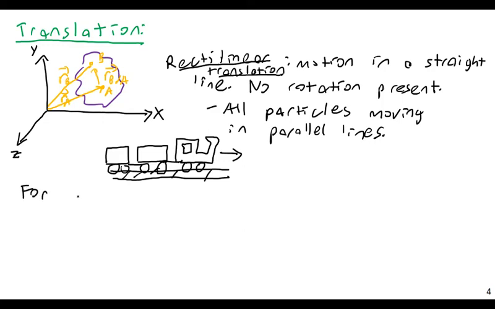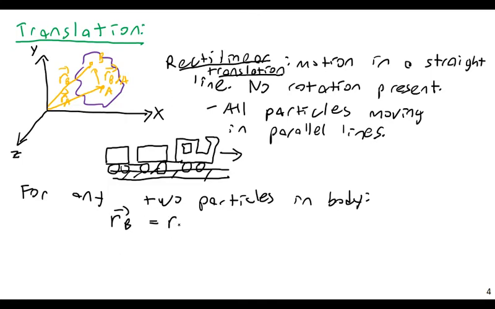For any two particles in the body, I can say that RB is equal to RA plus R from A to B.